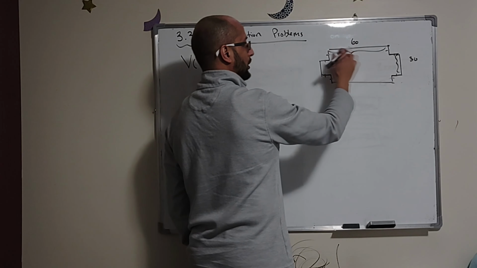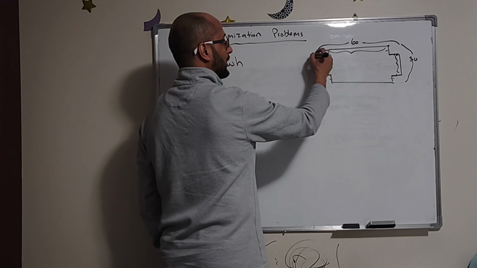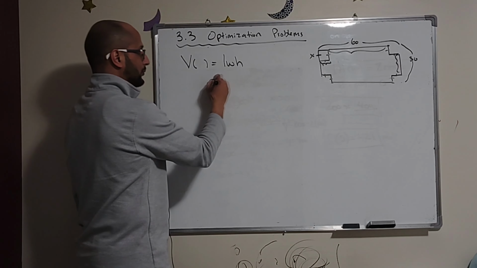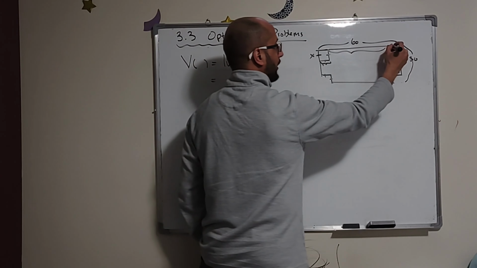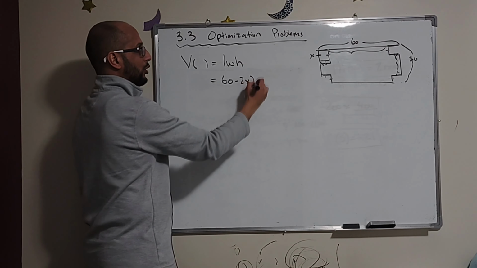Now, we know that this whole thing is 60, and this whole thing is 30. So the part that's been cut off, we can label that as x. So for my length, it was 60, then I cut off an x here, and I cut off an x here. So that would be 60 minus 2x.